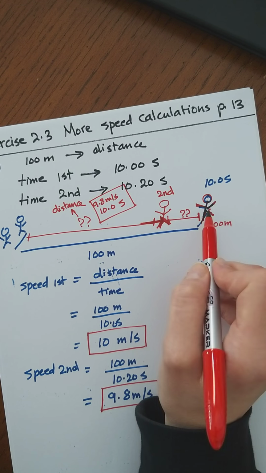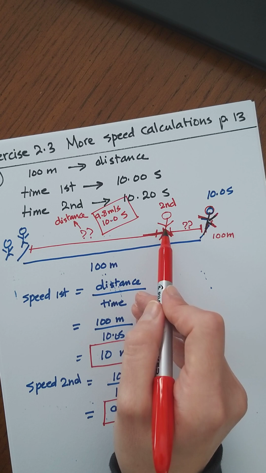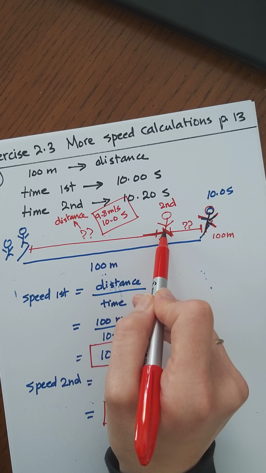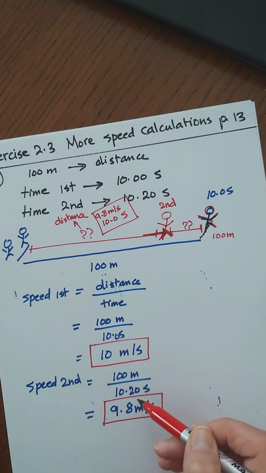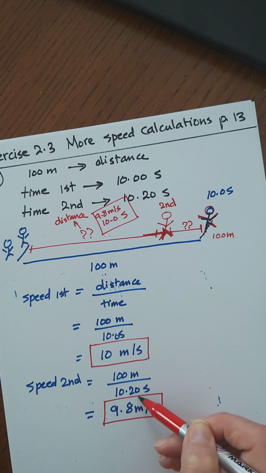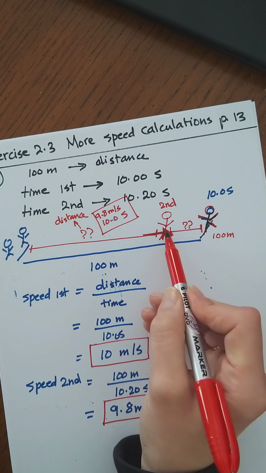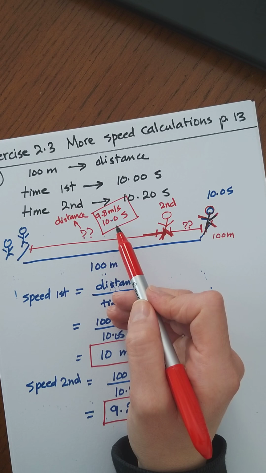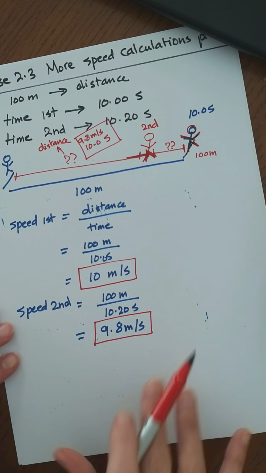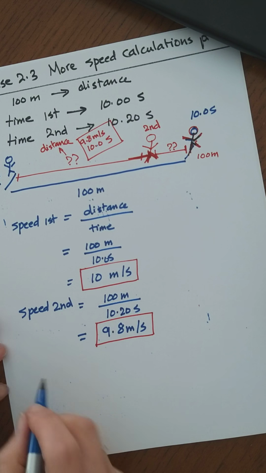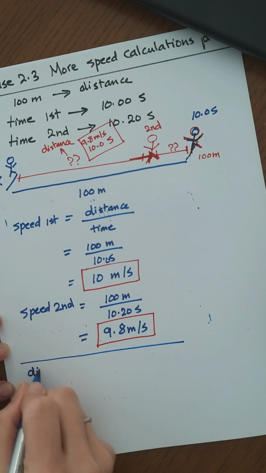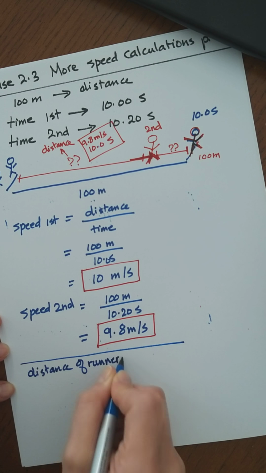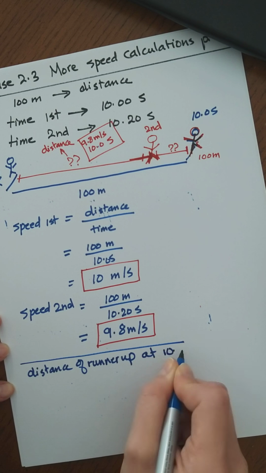So what do we need to know in order to know where this runner-up is from the winner? We need to know the speed of this runner-up. We calculated the speed, 100 meters divided by the time the runner-up needed to finish the race, 9.8, and the time is the time at which the winner finished the race. It's 10 seconds. So we need to calculate the distance of the runner-up at 10 seconds.